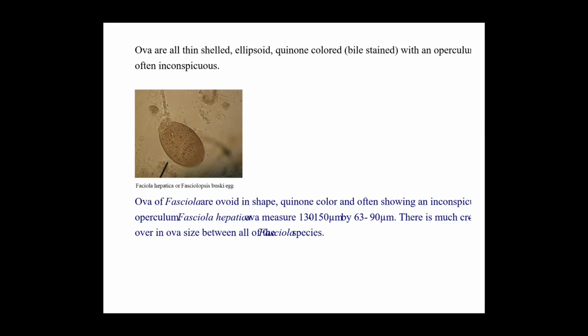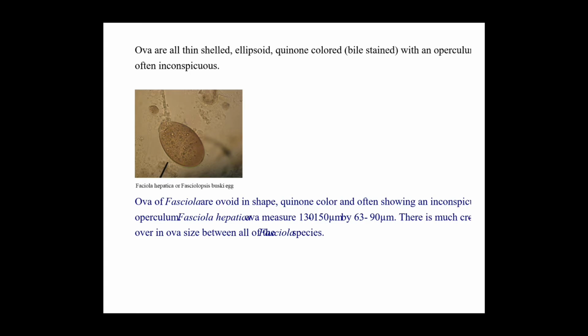Now, about the second stage of this parasite, the ova, or ovum in the singular. Ova are thin-shelled, ellipsoid, yellow colored, barrel shaped, with an operculum. Here the operculum, the cover, is often inconspicuous and difficult to see, but it is there.